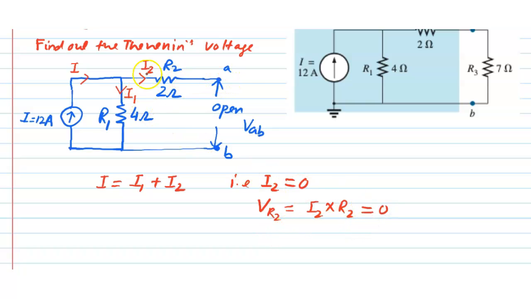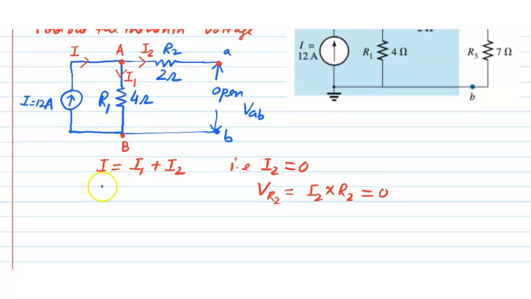So this terminal and this terminal are at the same potential. Suppose this terminal is A and this terminal is B. That means VAB is equal to the voltage across A and B.